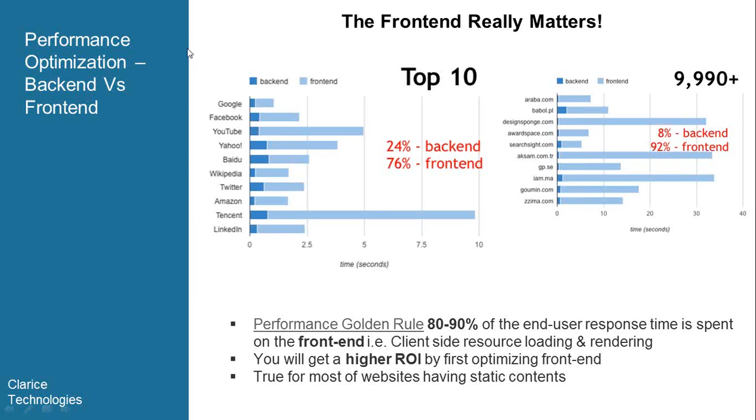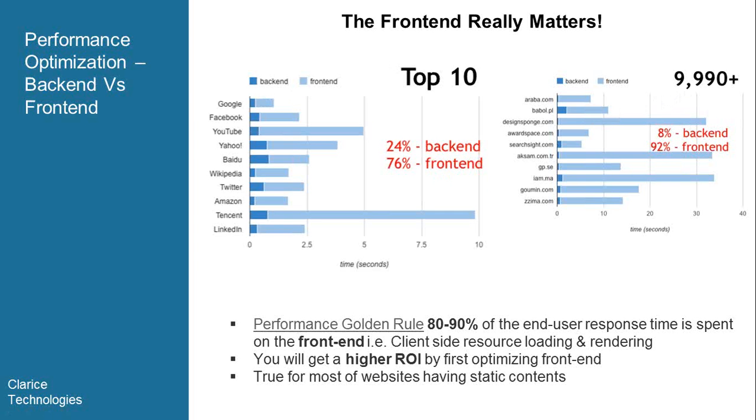If you look at the top 10 websites, 24% of time is spent on the back end and 76% on the front end. And if you take almost 10,000 websites, 8% is spent on the back end and 92% on the front end.